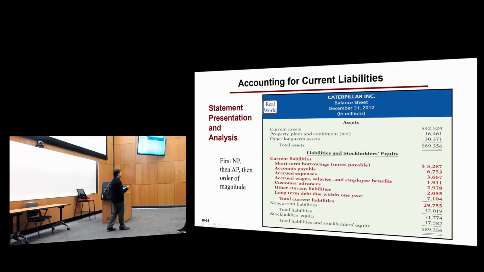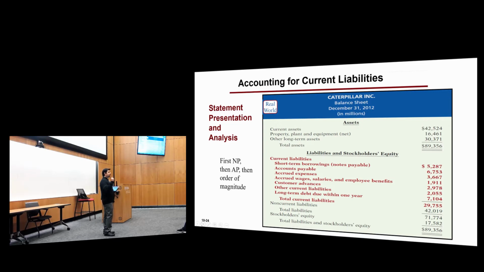So notes payable first, accounts payable next, and then in order of magnitude. Now that's not a rule. This is more of a guideline. In practice, companies usually sort them in order of magnitude, basically in decreasing order.